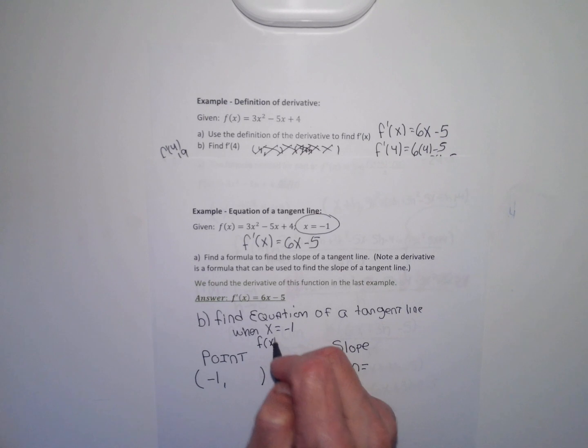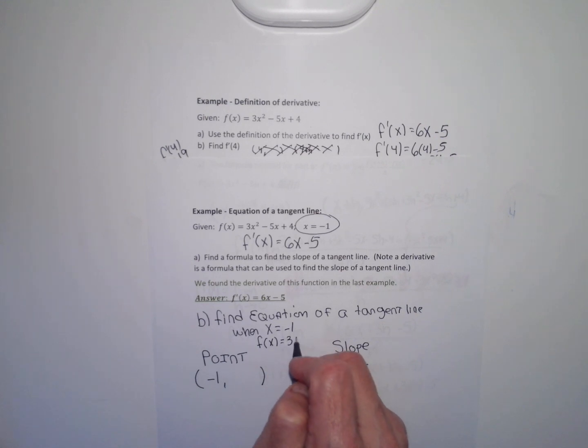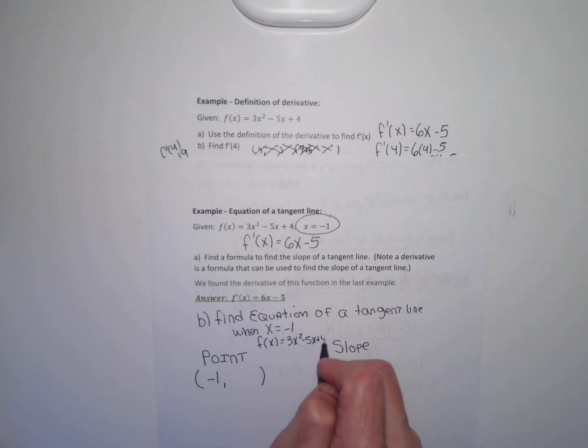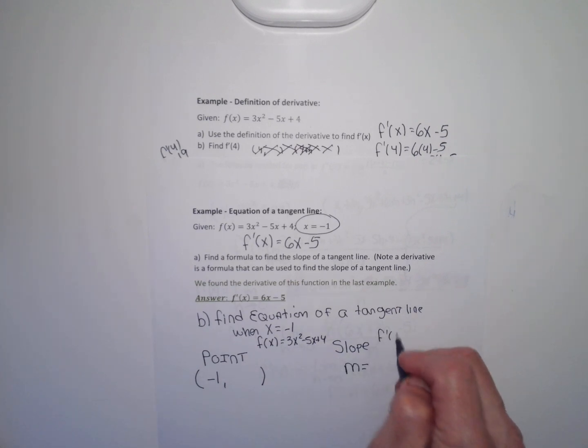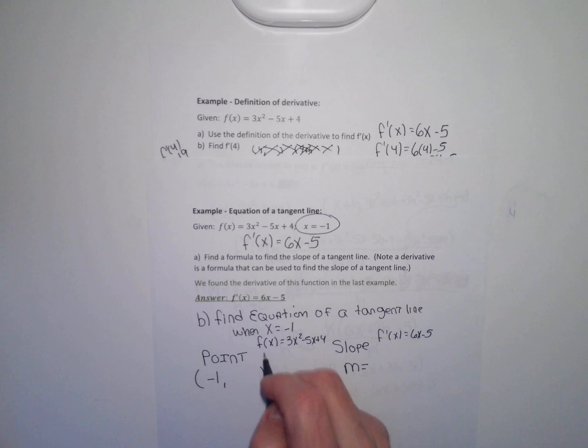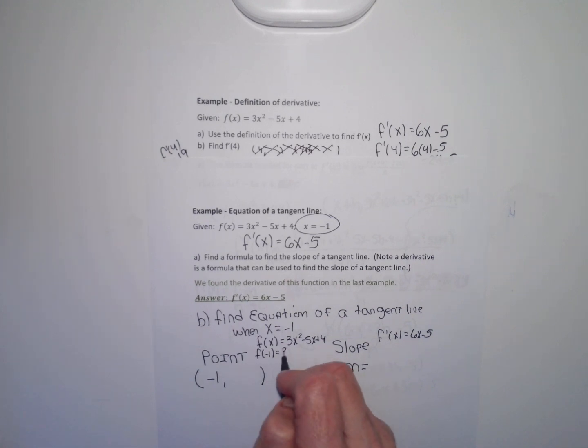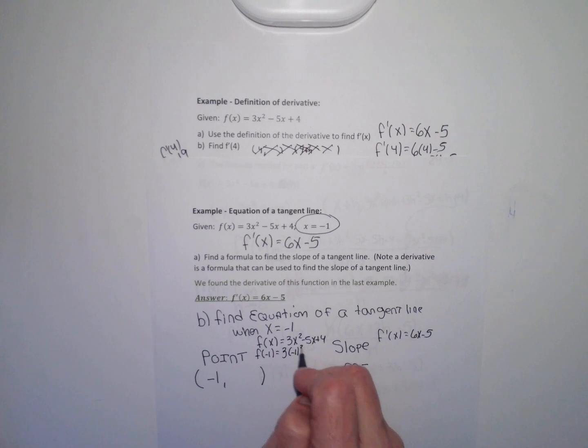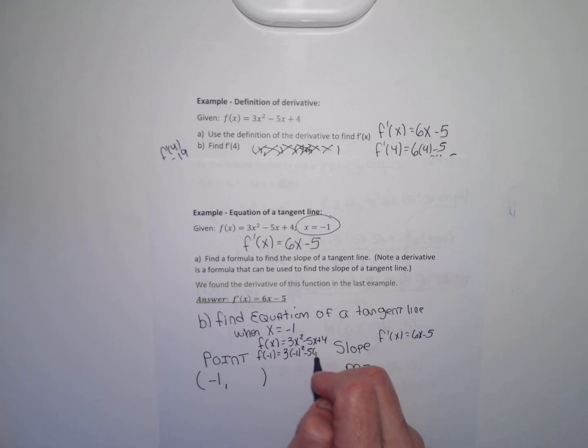I'm going to use the function 3x squared minus 5x plus 4 to get the y coordinate of the point. I'm going to use the derivative 6x minus 5 to get the slope of my tangent line. So if I plug -1 in and do 3 times -1 squared minus 5 times -1 plus 4, plugging a number into a function gives a y coordinate.